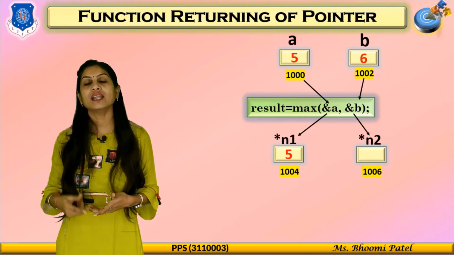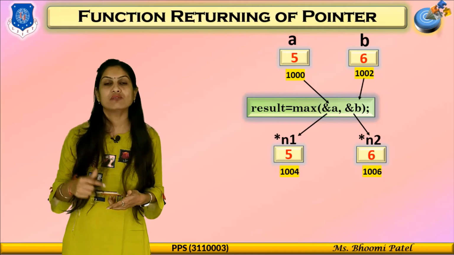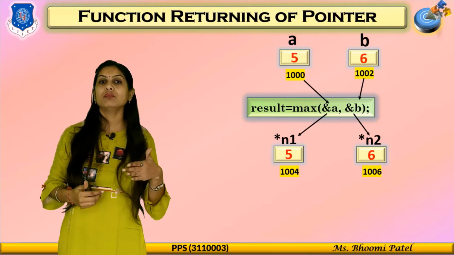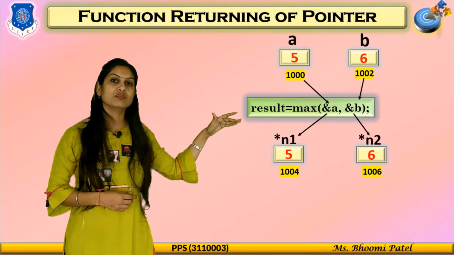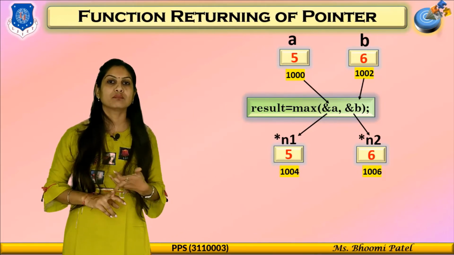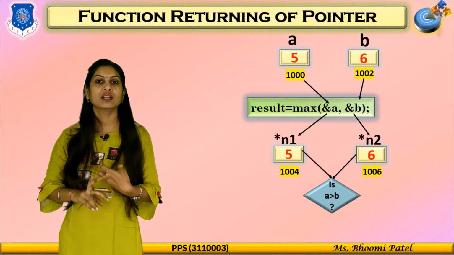But now we are writing star before n1 and n2, so the value will be used. So star n1 means 5 and star n2 means 6, and then we check these two values using the condition.